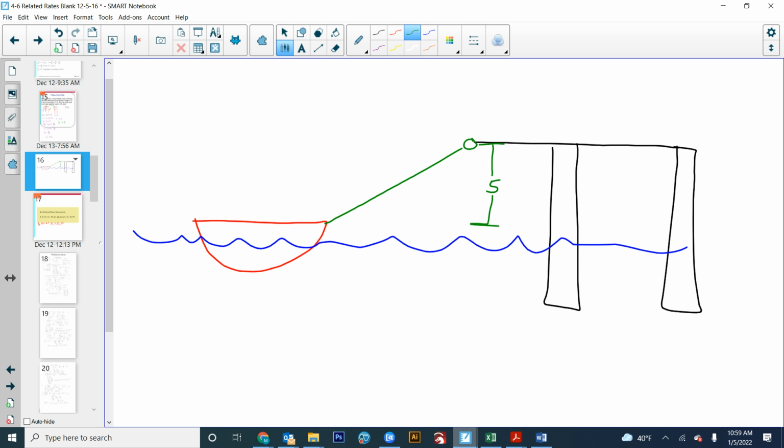If the rope is being pulled in at a rate of 2 meters per second, whether you call that L or Z, dz/dt is going to be -2, right? How fast is the boat approaching the dock? That means horizontal. When it is 12 meters away from the dock. Got it?